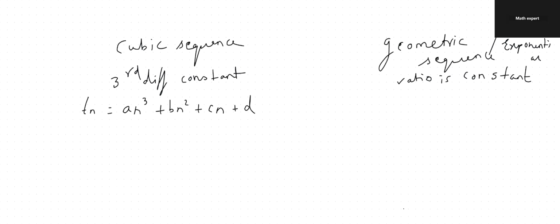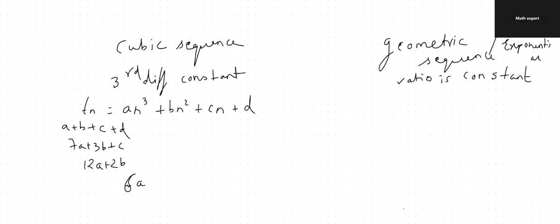So now for this case, you just have to find the sequence and you have to find whether it's third difference constant, and if it is third difference constant you just have to write 6a, then 12a plus 2b, then 7a plus 3b plus c, and then a plus b plus c plus d.